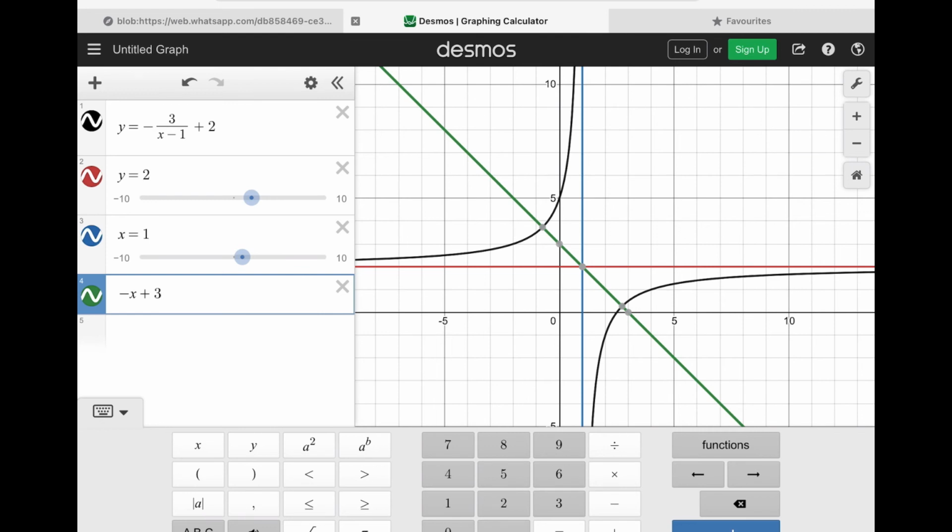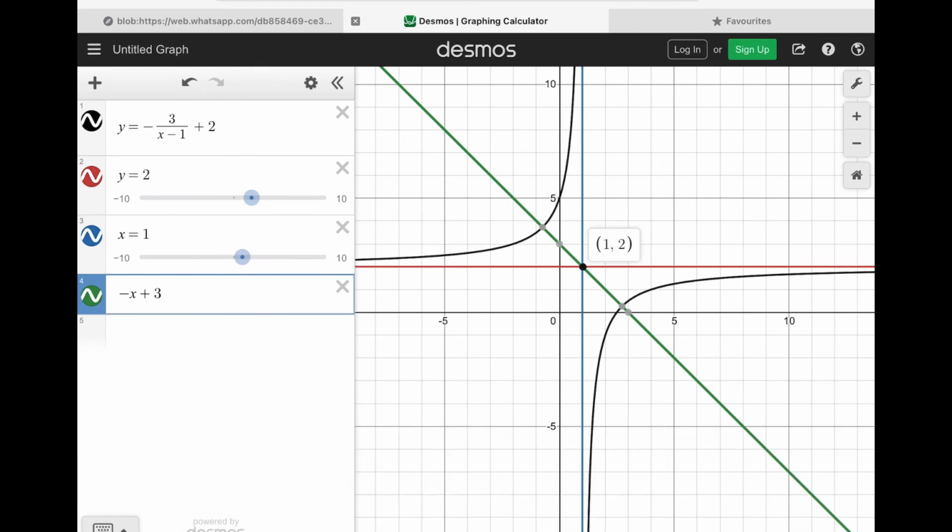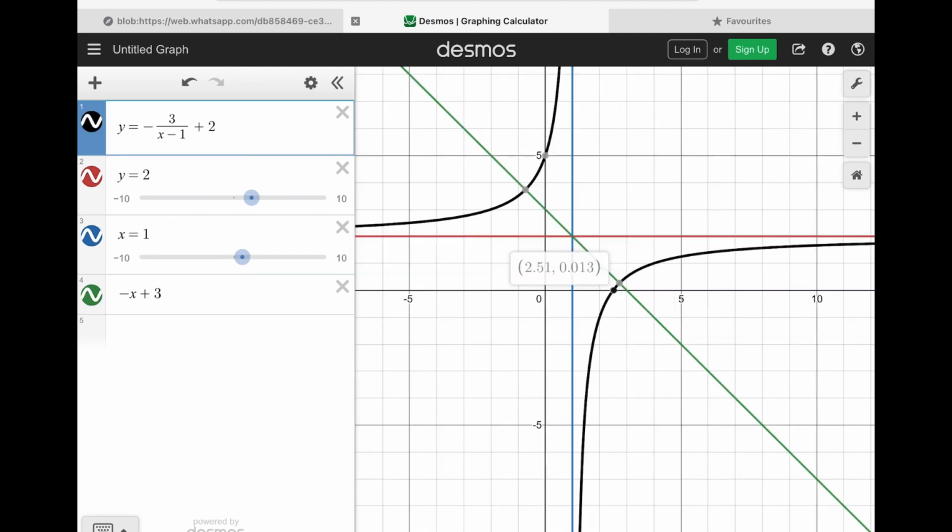So it basically cuts the graph in half. And you also notice that it passes through the point where our asymptotes intersect, right? The point (p, q), in this case, (1, 2). Do you notice that? And we can also verify our x-intercept is in fact 2.5, and our y-intercept is 5. Great, so we have the correct drawing.